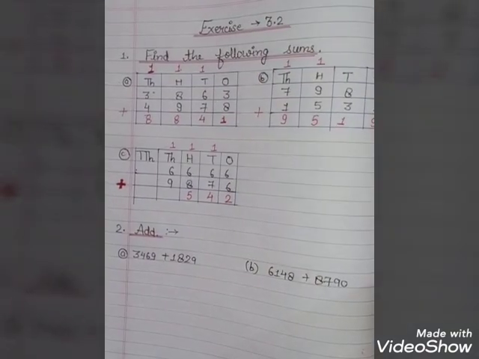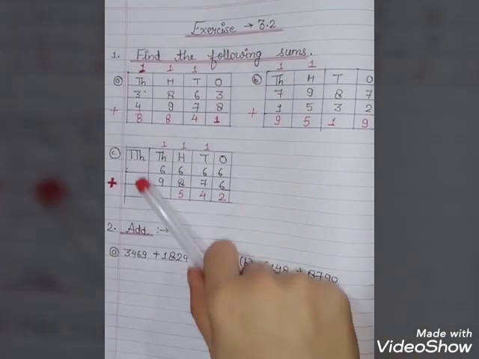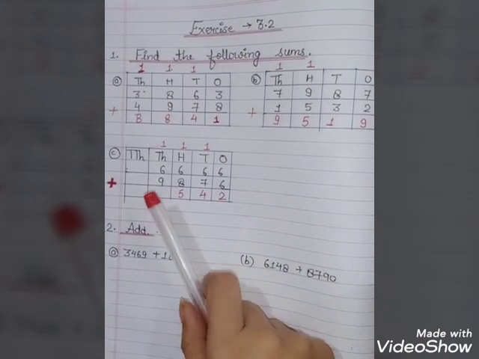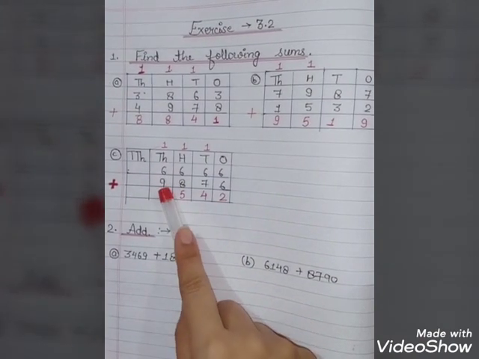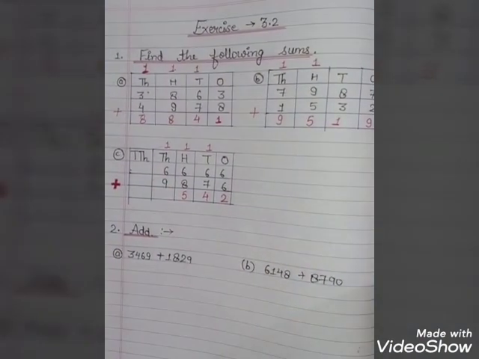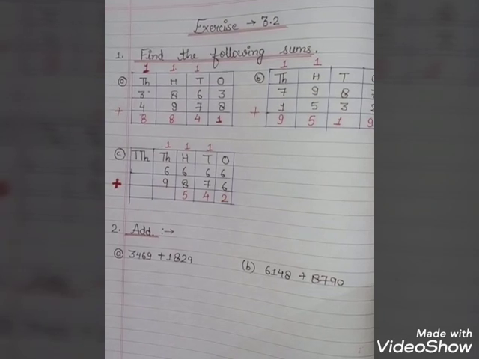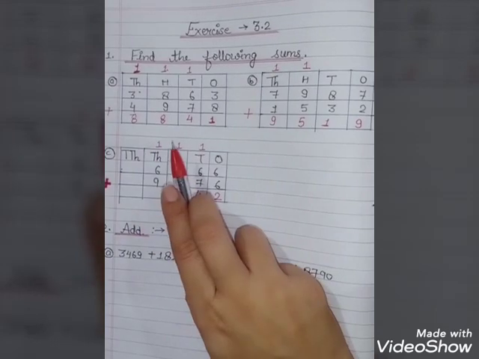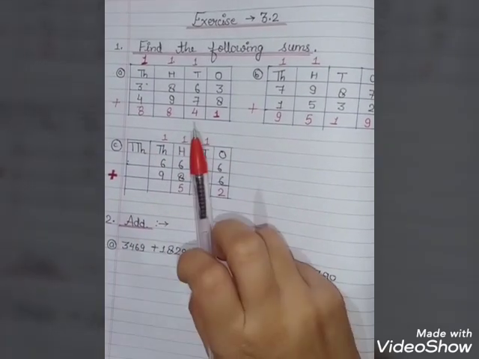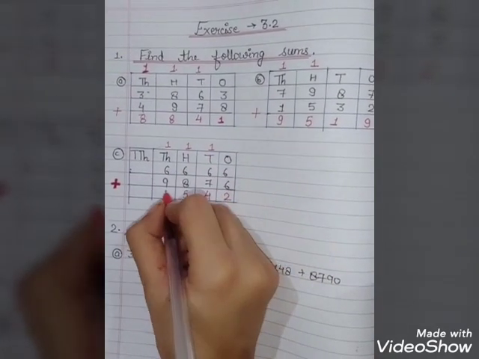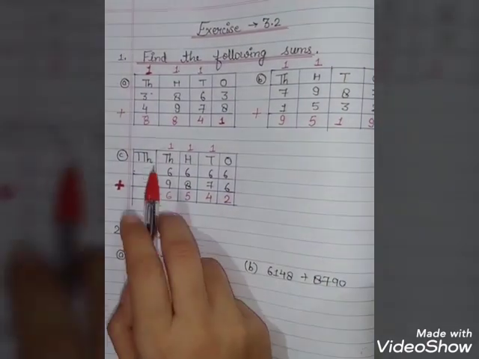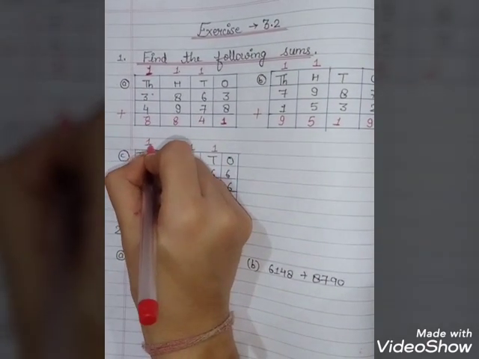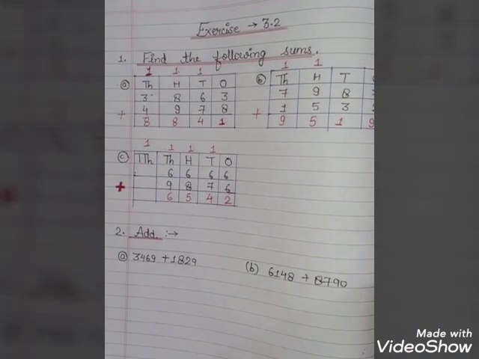Now we have to add the thousands place digits, that are 6 and 9. If we add 6 and 9, we get 15. 15 plus 1 is 16. 16 is a 2-digit number. Write 6 in the thousands place and carry over 1 to the ten-thousands place.